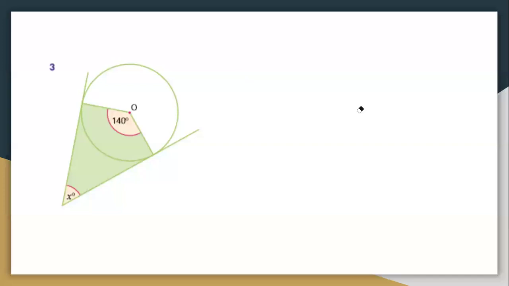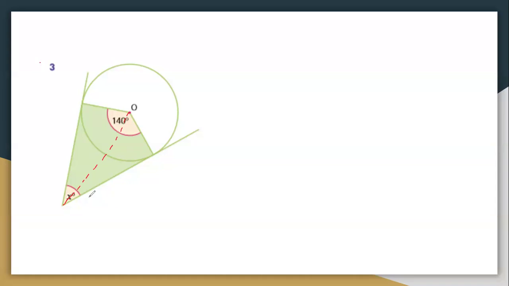Yes, Chris? Good morning again. What I first did, I first bisected the angle at O. So I drew a straight line from O to bisect X. After that, I realized that I will get 70 degrees on each side.